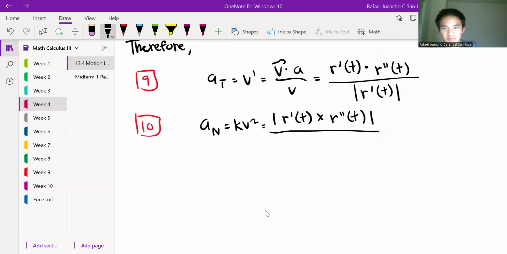Oh no, in space, my bad, in space. That's k, this whole thing is k, or curvature. And I multiply it by my v squared. And my v squared is just the absolute value of r prime squared. And we can simplify this.